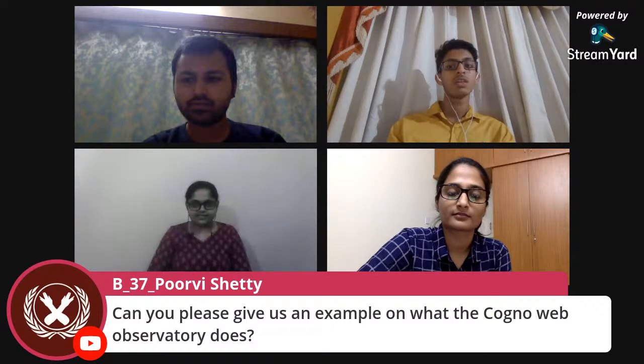That's a very interesting question. Something that we do specifically in Cogno Web Observatory is we look at social media, specifically Twitter. It's an ongoing process. Cogno Web Observatory keeps observing Twitter all the time, and every day it takes the top 5 trending topics on Twitter and analyzes each topic.